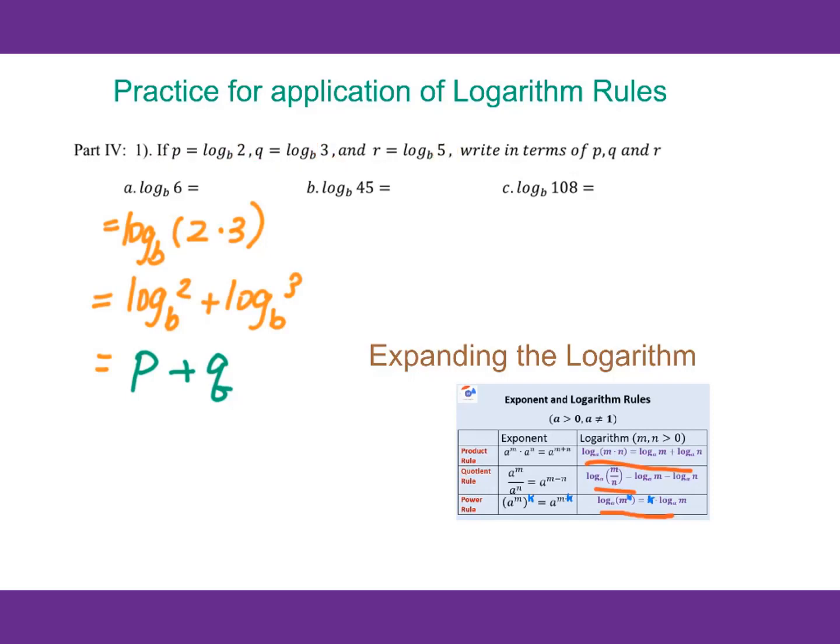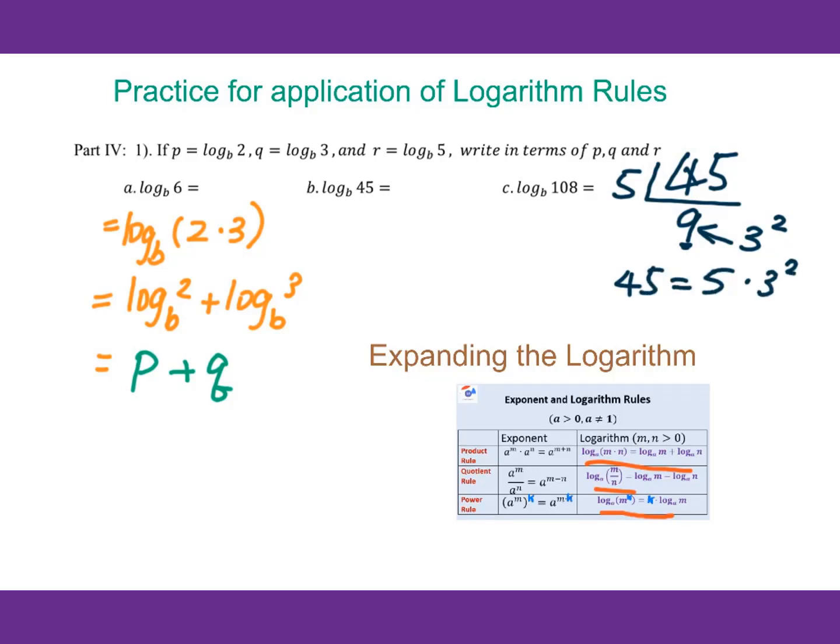Now let's go to 45. You will divide it by 5. 9. Stop at 9. 9 I can change into 3 squared. Therefore, for 45, I can write down 5 times 3 squared. You will get log base b of 5 times 3 squared.